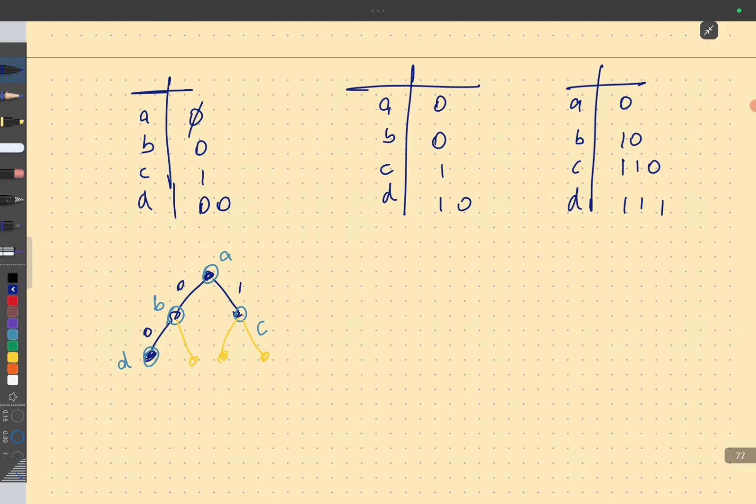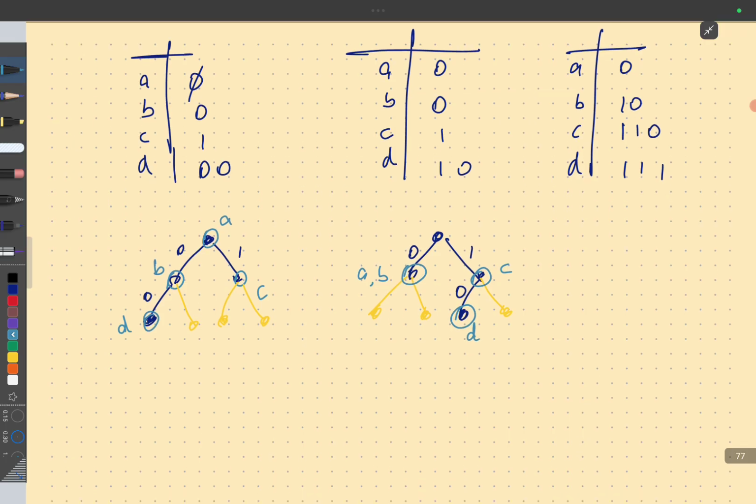Let me also do this for the next example. So 0 corresponds to 2 symbols, A as well as B. 1 corresponds to symbol C, and 1, 0 corresponds to symbol D. The first example was something that was non-singular, but not uniquely decodable.